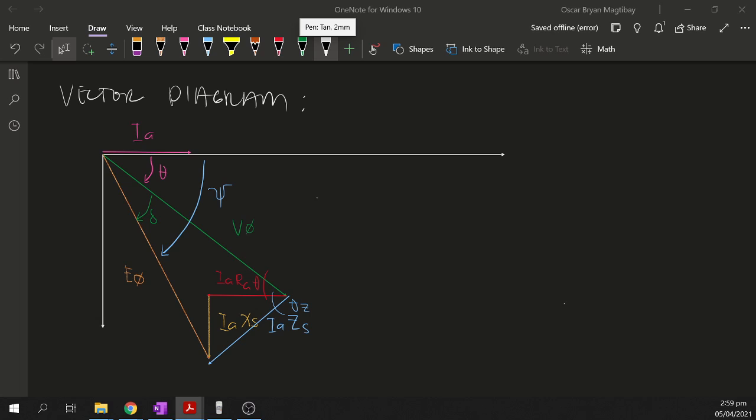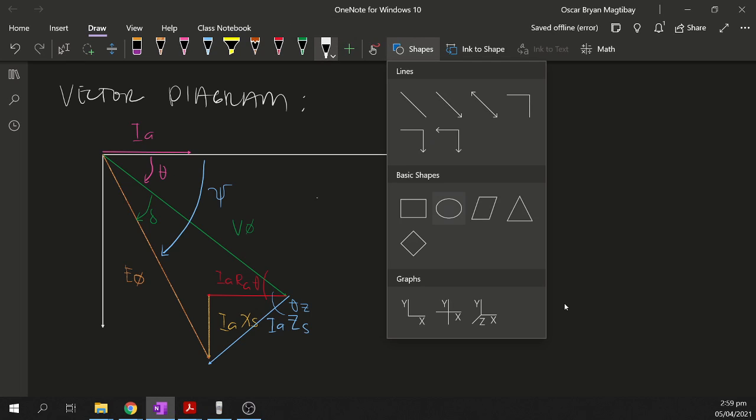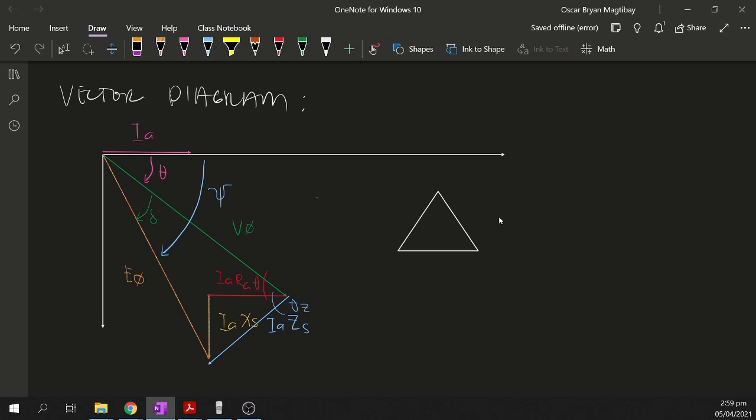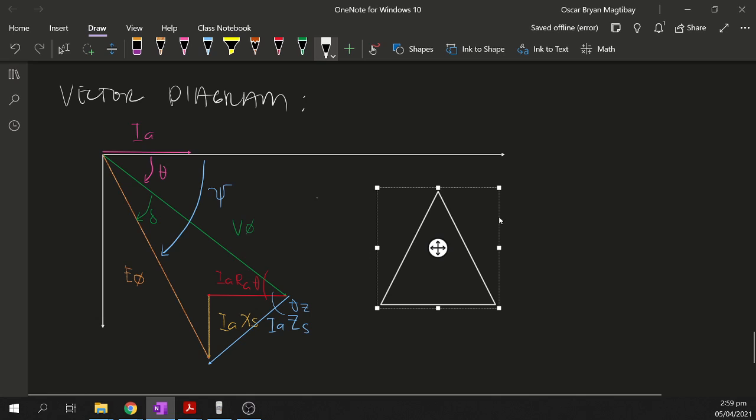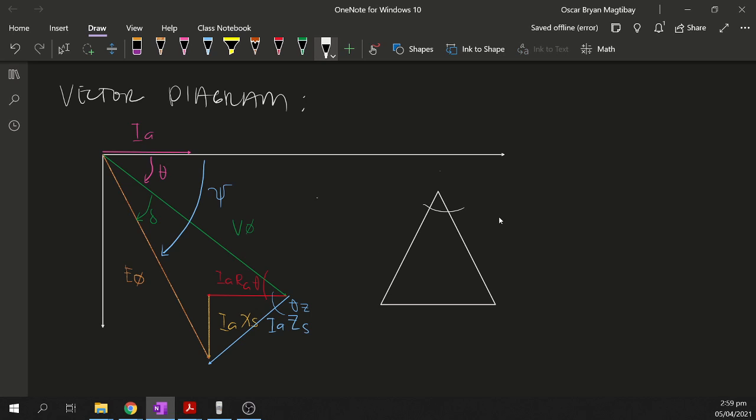So, gamitin muna natin uli yung ating mahiwagang triangle. So, this is sigma. This is theta plus theta z. Then, ito yung ating A, di ba? This is our B. And this is our C. Ang B natin is E phase.